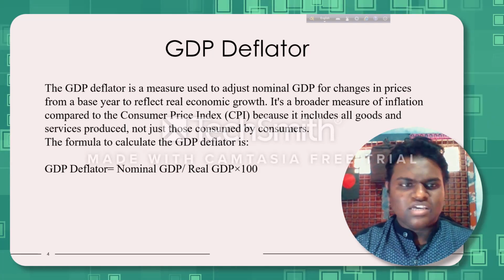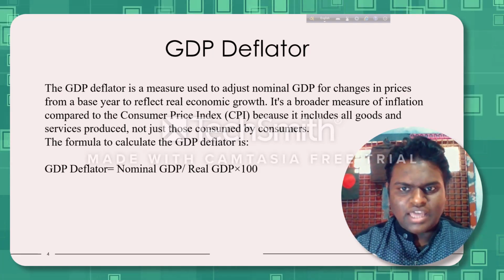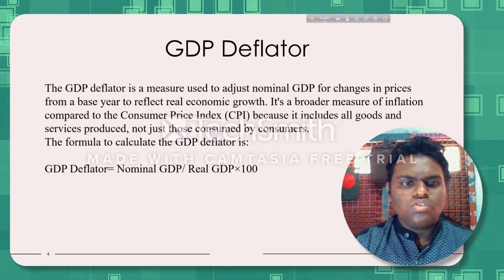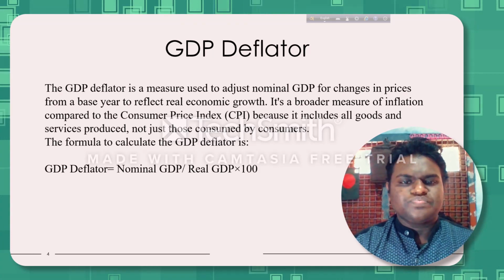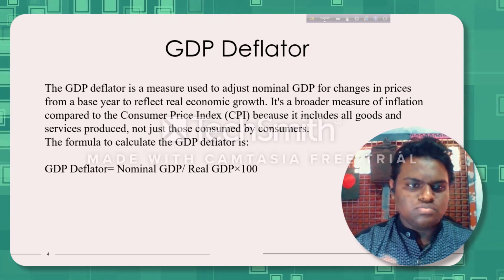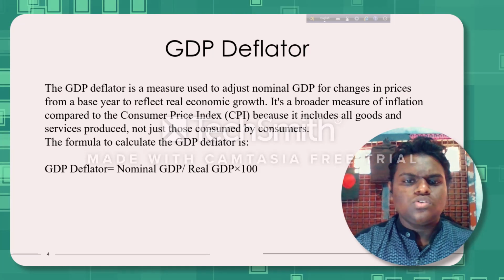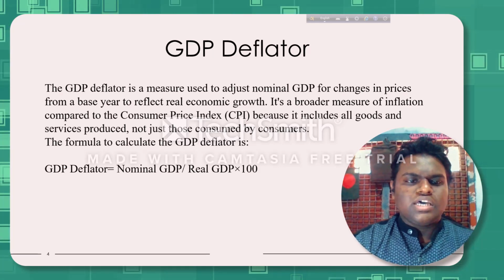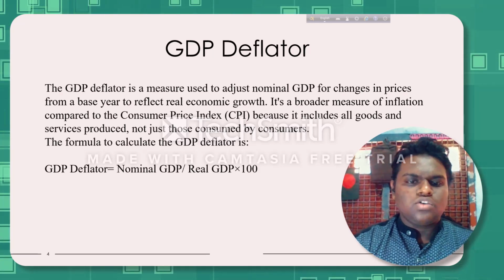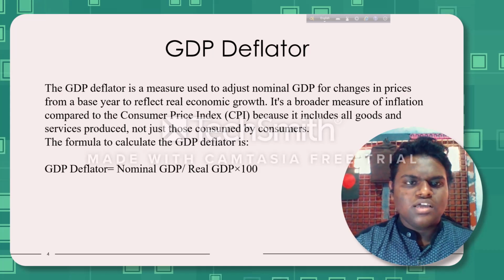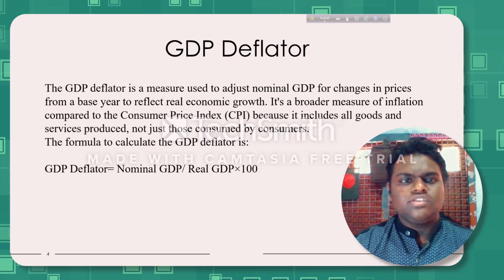It's a broader measure of inflation compared to the CPI because it includes all goods and services produced, not just those consumed by consumers. The formula to calculate the GDP deflator is: GDP deflator equals nominal GDP divided by real GDP, times 100.